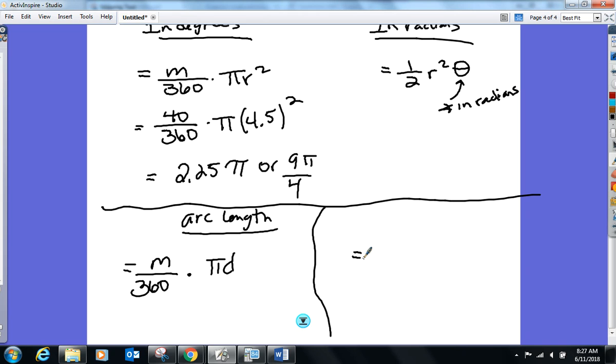I call it SOR. S equals theta r. What's S again? That's my arc length. And again, this is my angle in radians. Both of those should be on your formula sheet as well. They may not have SOR on your cold hard fact sheet. They may have theta equals S over R. It's still the same thing.